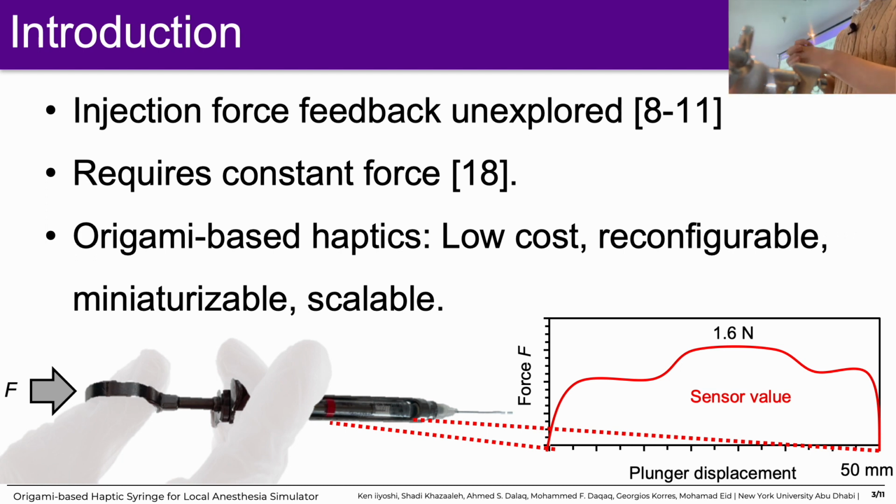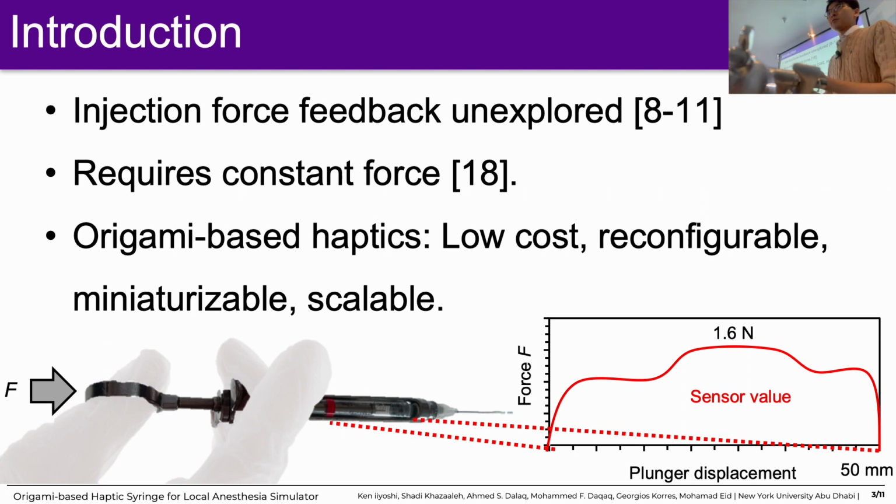What we really want for this particular activity is to have force feedback from this plunging sensation. As you can see, we've measured how the force feedback goes when we push the syringe. It is a bit bumpy, but perceptually speaking, this is pretty much a constant force feedback.